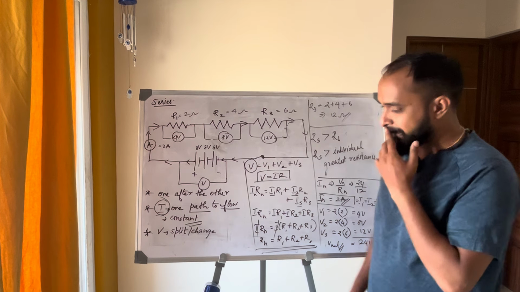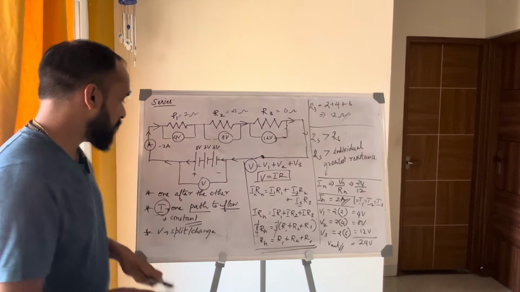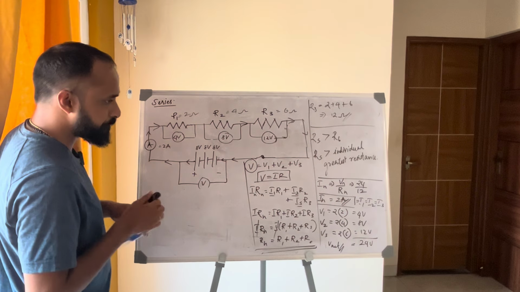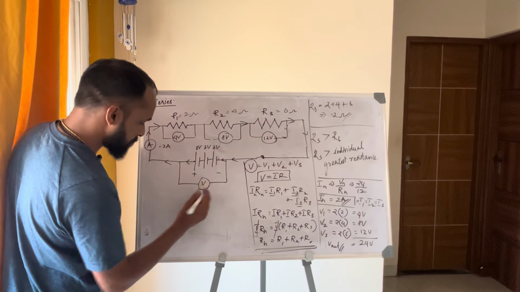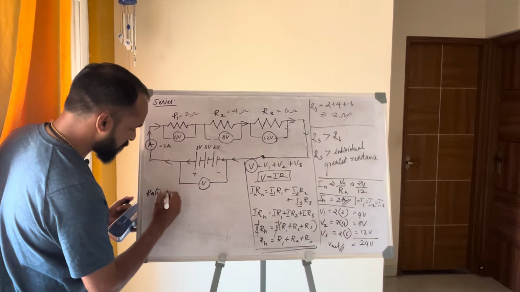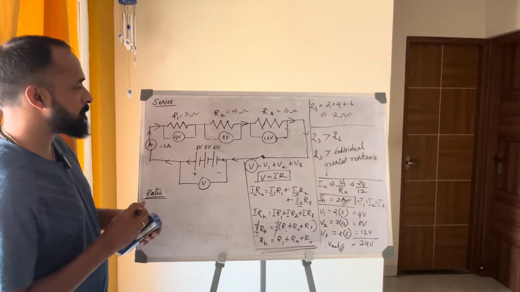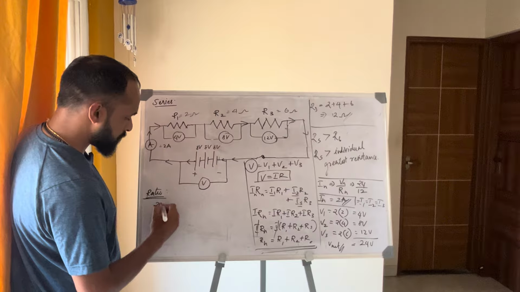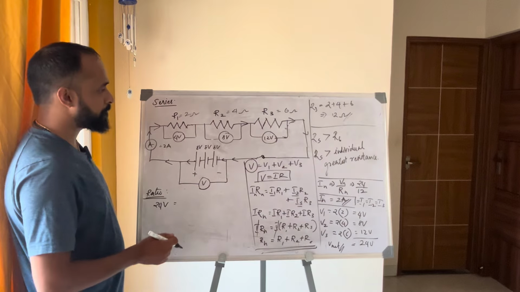And one thing that you can also find here is that the same sum can be solved by ratio. How can you solve the same sum by ratio? For example, we know the total voltage is 24, right?